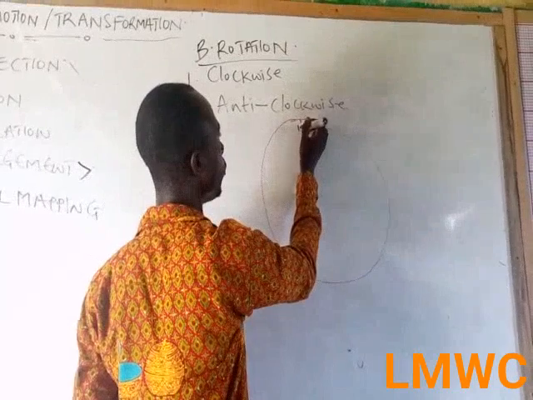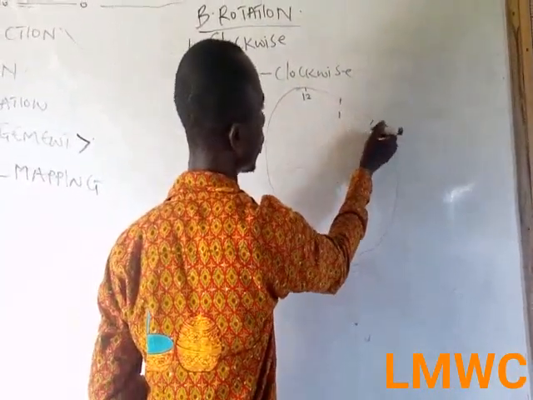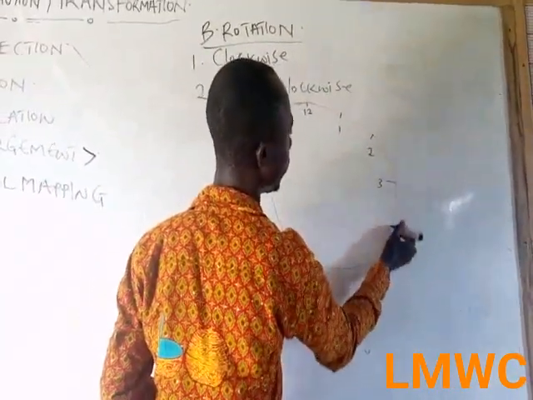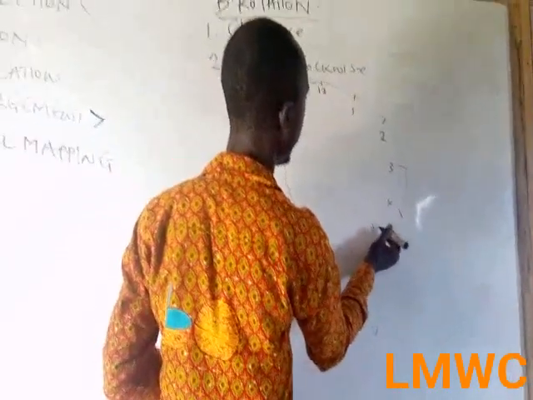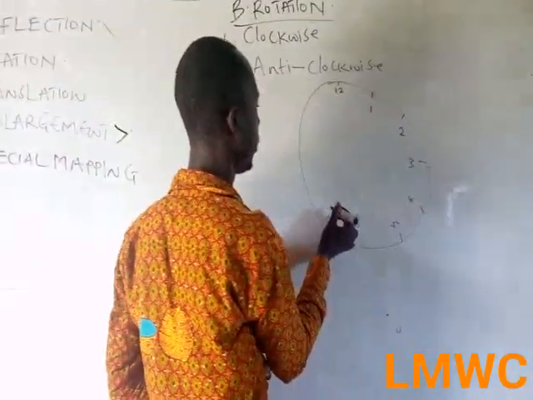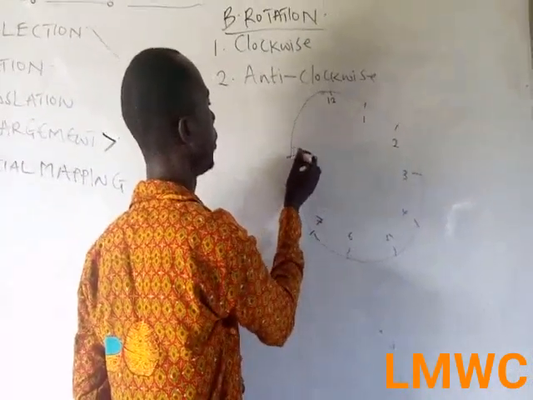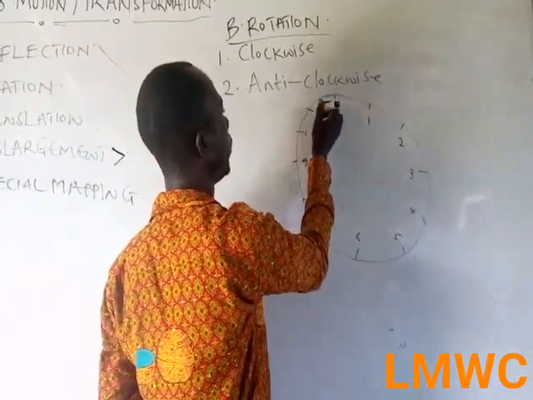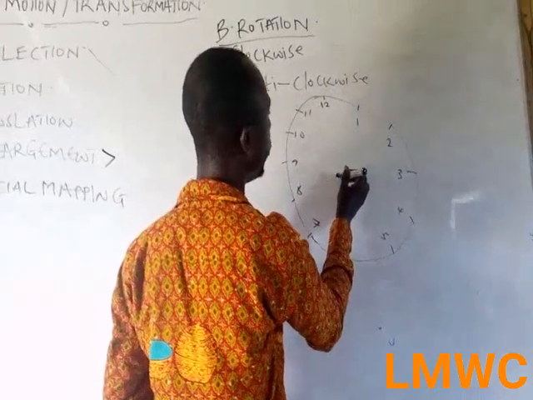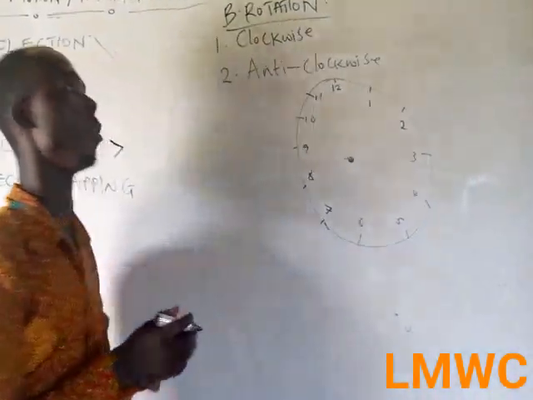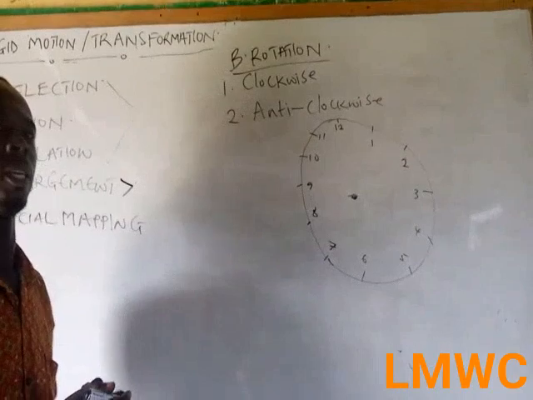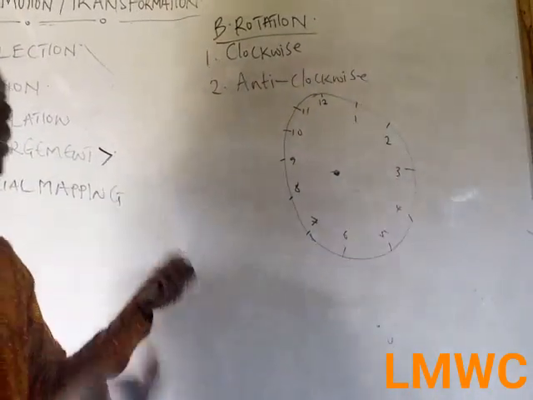We know this is 12. So 1, 2, 3, 4, 5, 6, 7, 8, 9, 10, 11. We know our clock always moves in the clockwise direction.